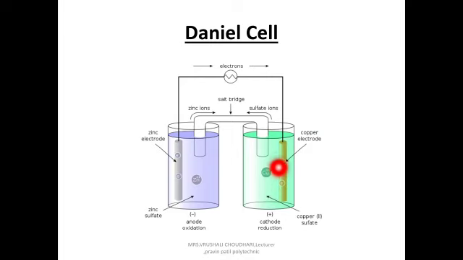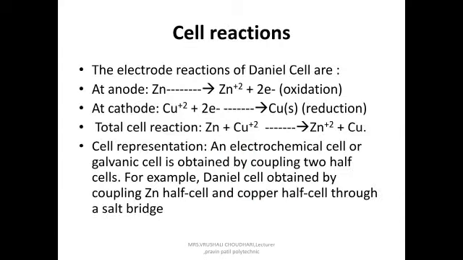So at the end, copper metal gets deposited at the electrode while the zinc decreases in size. The reaction in the Daniell cell: zinc will undergo oxidation by loss of electrons, while at the cathode, copper gains those electrons, so copper metal is formed.